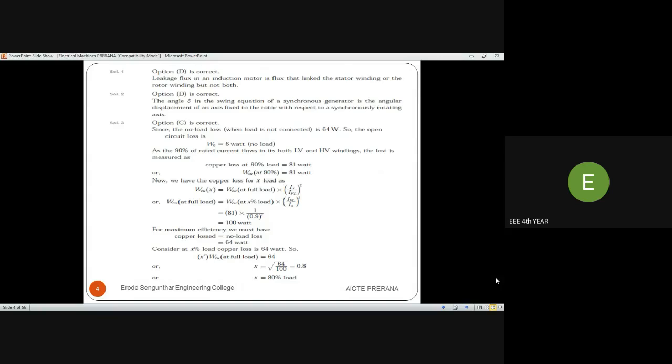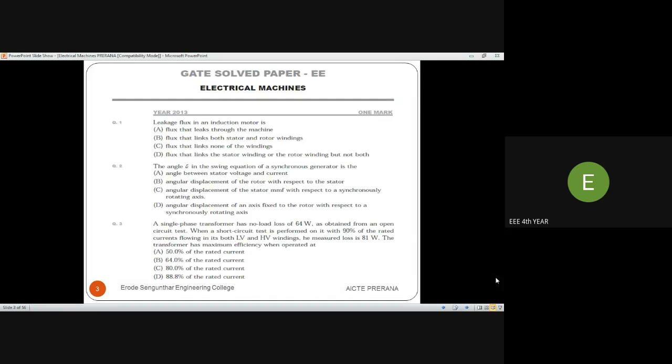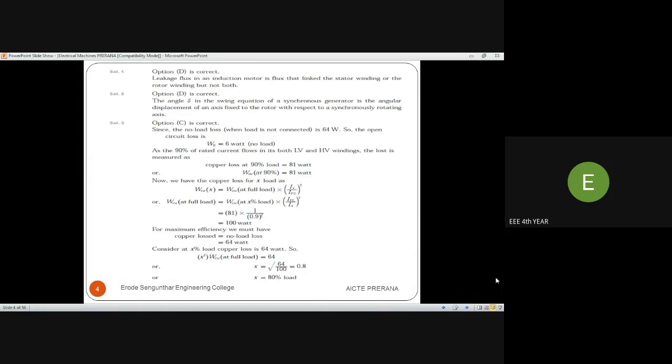How is it possible? There are formulas available. We have to find the copper losses at 90% of load. It is given as 81 watts. The copper loss at 90% of load is equal to 81 watts. Then we find the full load copper losses.